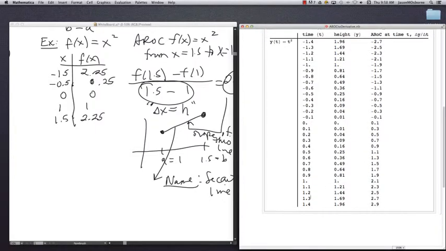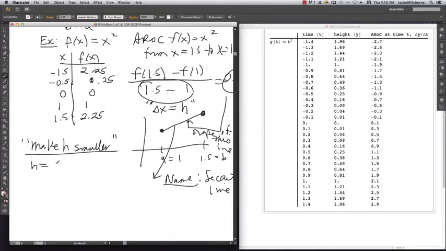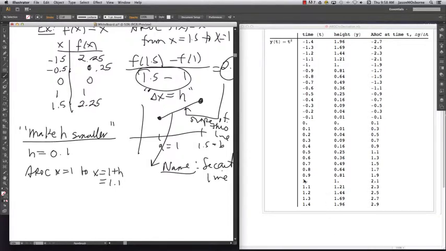Now take a look at what's going on here according to this table. If you start to make the h value smaller, in this case h equals 0.1, and you look at the average rate of change of this function from x equals 1 to x equals 1 plus h, which in this case is 1.1, the average rate of change from 1 to 1.1 is going to be 2.1.